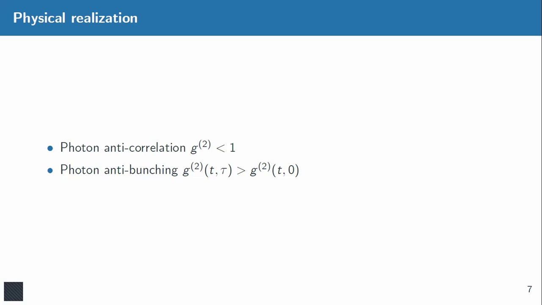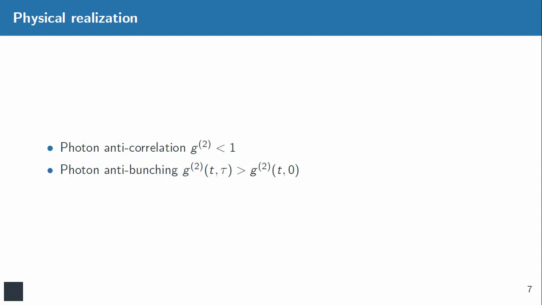It tells us that the probability of detecting photons at two intervals of time is much higher than detecting them at a single interval. So it shows that the photons have a tendency of coming individually at the detector, rather than to be detected in the form of a pair at the detector.